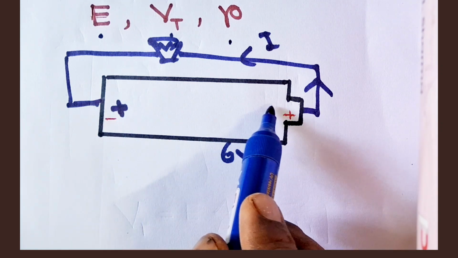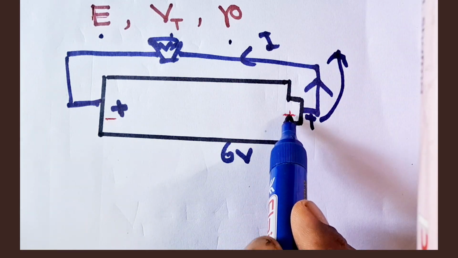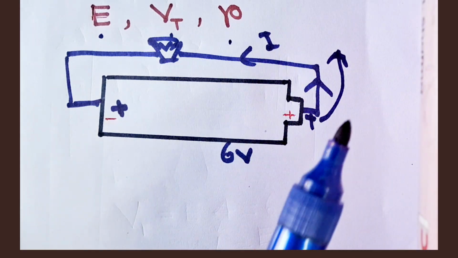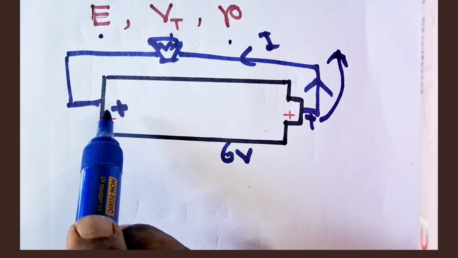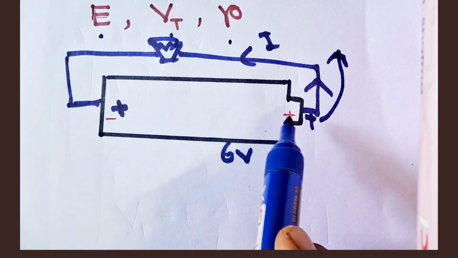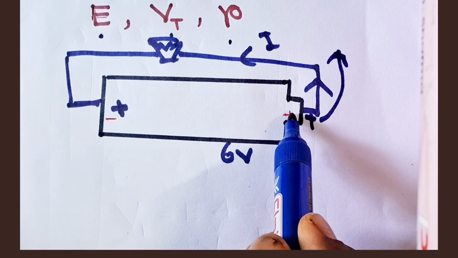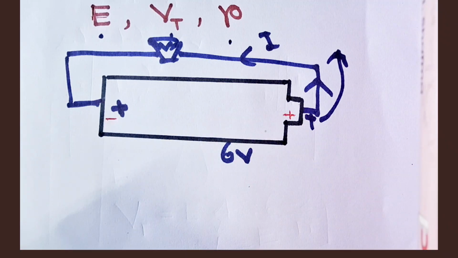As the charge comes here, then it will go this way. Now see, in order to push the charge from this to this, the battery has to do work, because it's the positive terminal. Internally it will repel the positive charge.